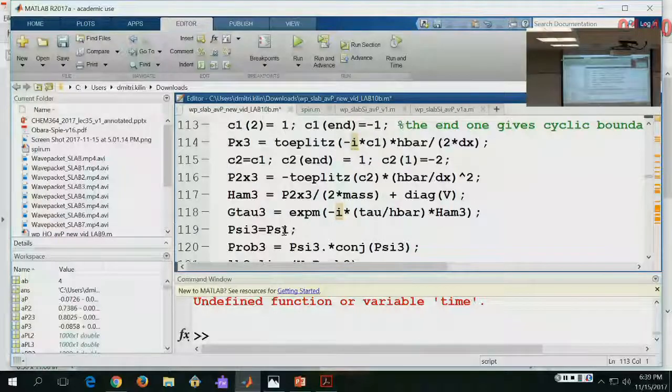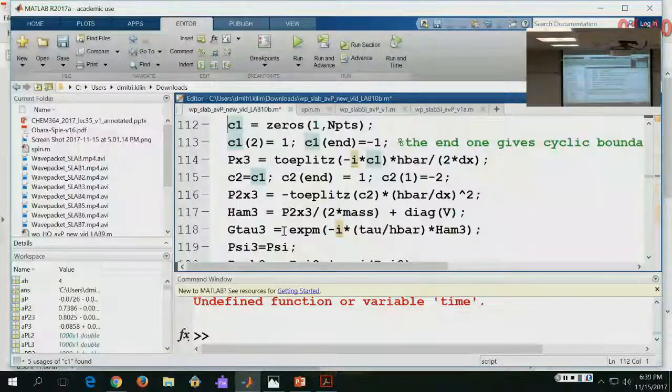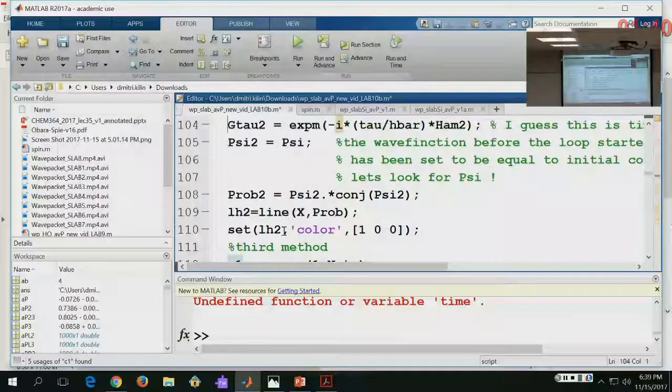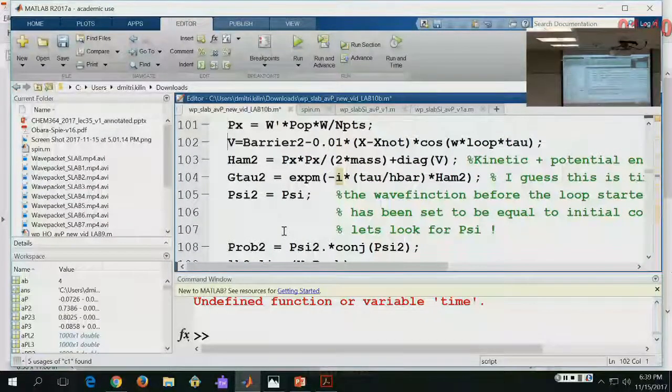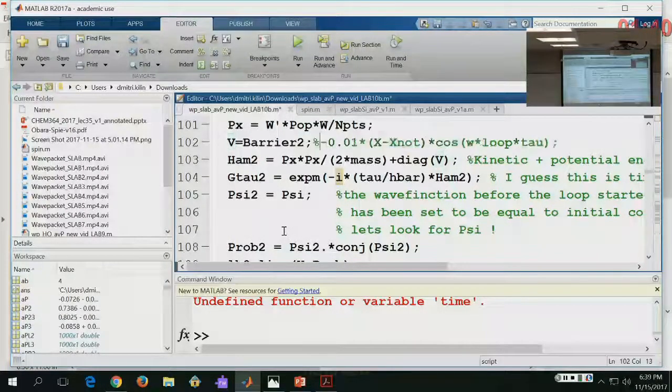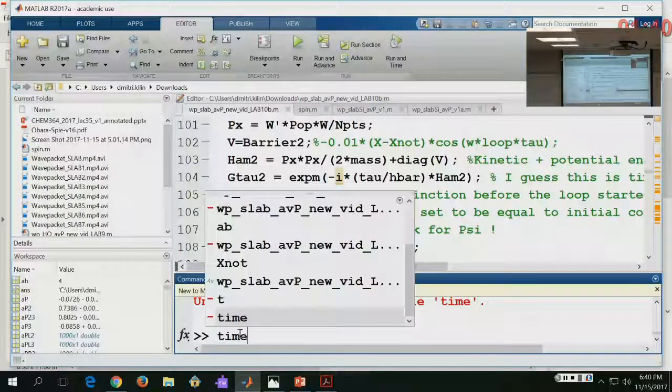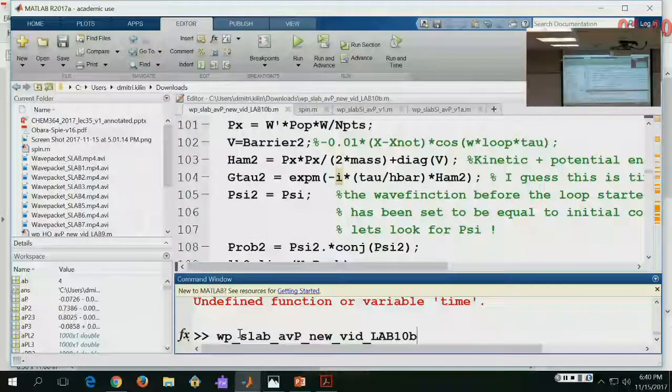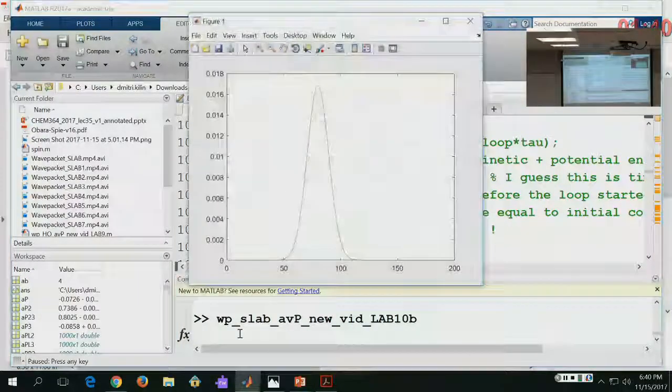And before we set up the loop, here we need to comment it out or remove the time-dependent part because the variable loop hasn't been defined yet, or we need to set loop equals 0 before. Okay, let's try. Typically things do not work the first time.